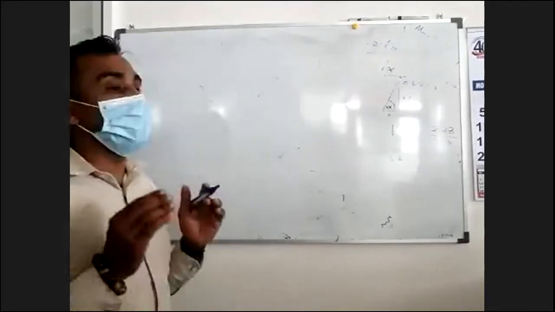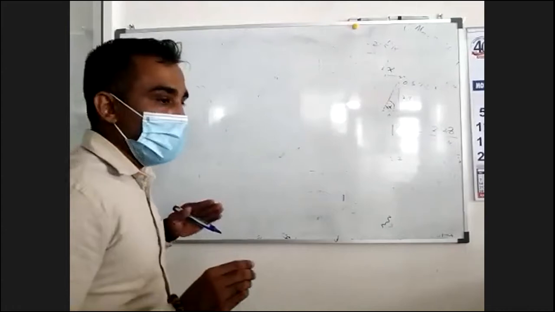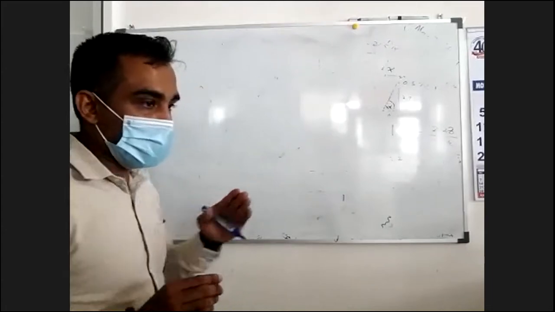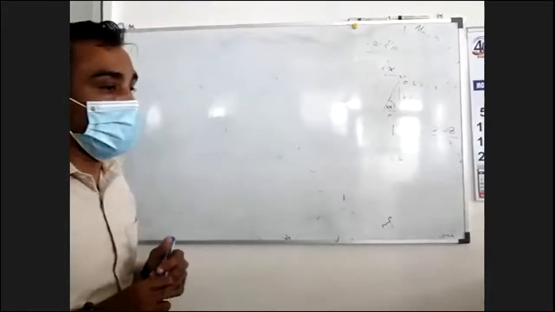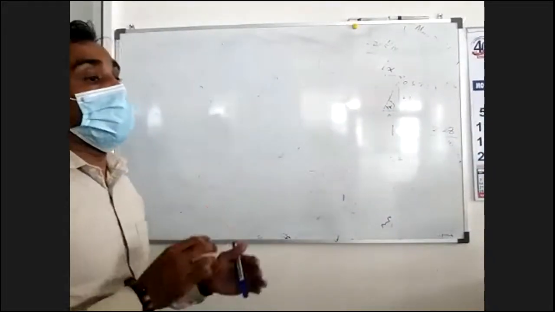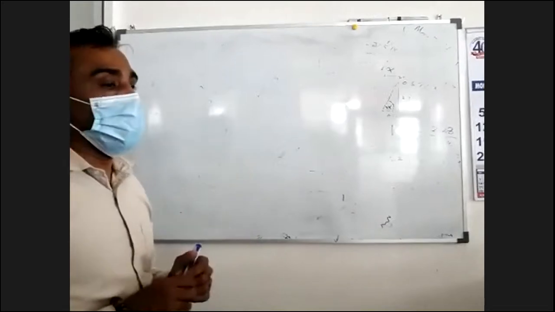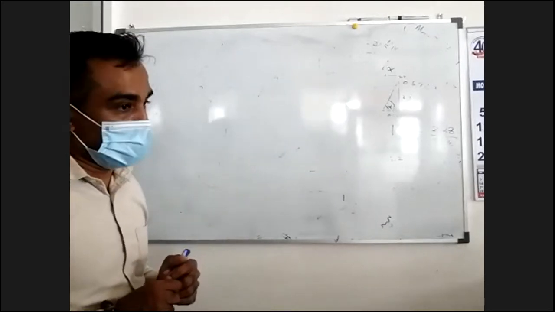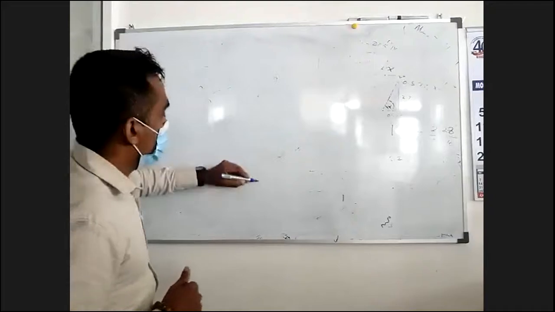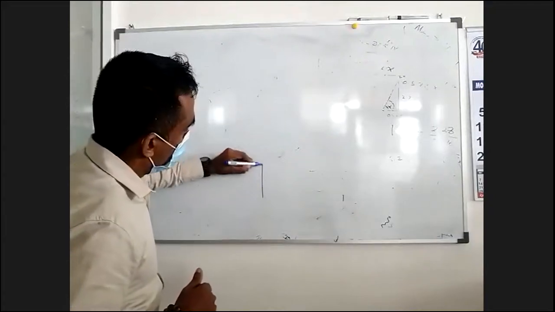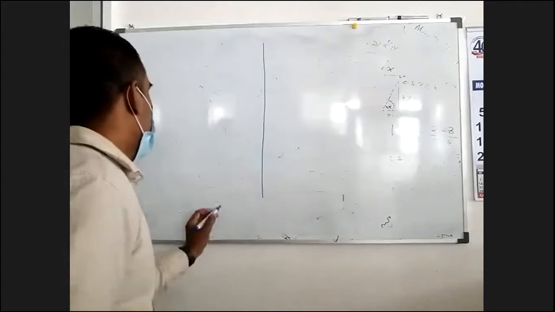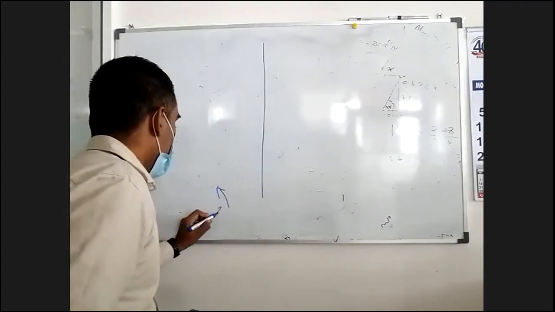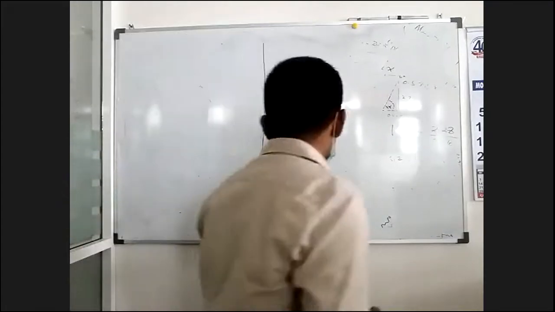Then you will understand how the propagation path of the radiation, or simply we can say electromagnetic field, changes when the media is changed. Right. So this is an exaggerated diagram. This is media one. This is media two.